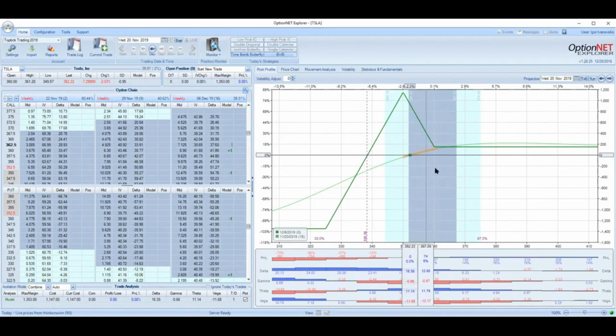But this credit doesn't really mean that this is a better trade than if I was to enter an out of the money call butterfly paying a debit, because this credit here doesn't just remove my upside risk. It just shifts my upside risk to the downside. So whatever risk I would be taking with an out of the money call butterfly on the upside, it removes that risk with this broken wing butterfly and moves that risk onto the downside.